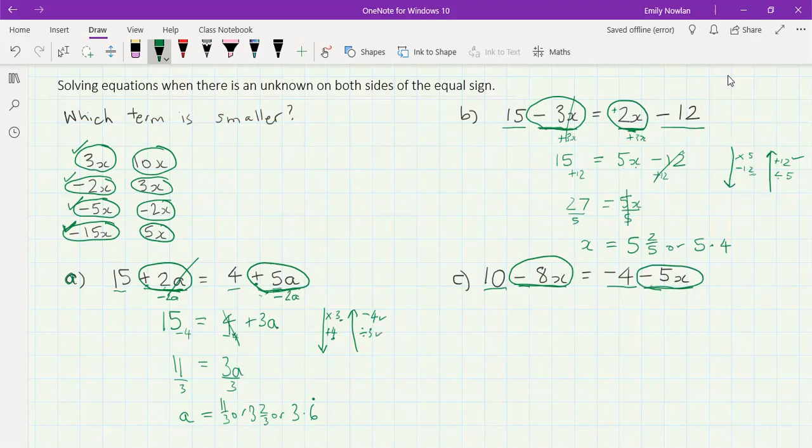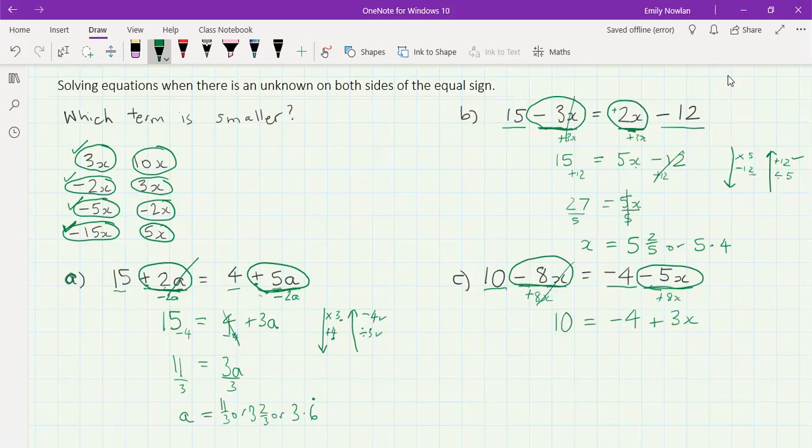Which one is smaller? Minus 8 is smaller, so let's move it. What's the opposite to minusing 8? It's plus 8x, and we have to add 8x to the other side. That goes. So I've got 10 is equal to the minus 4 still sitting there, but now this becomes minus 5x plus 8x, which is 3x.